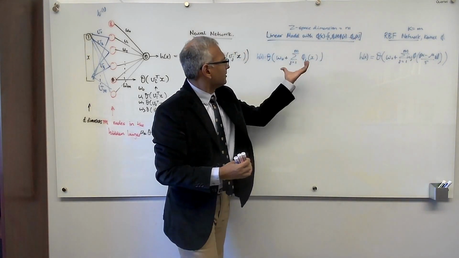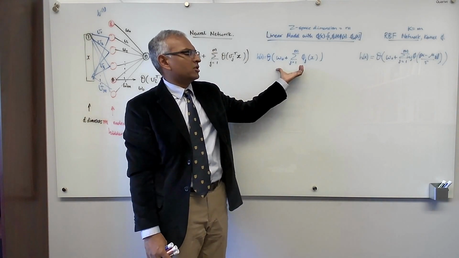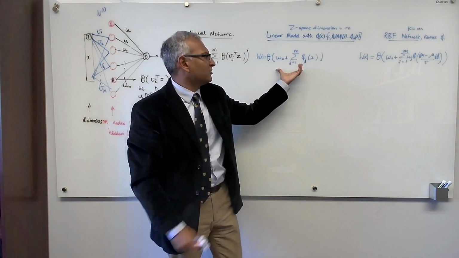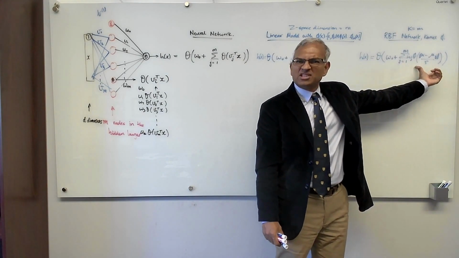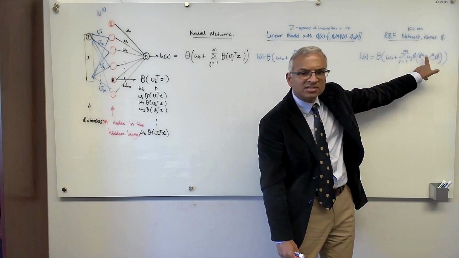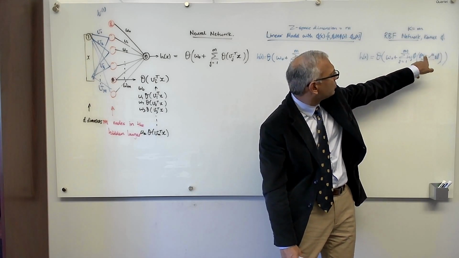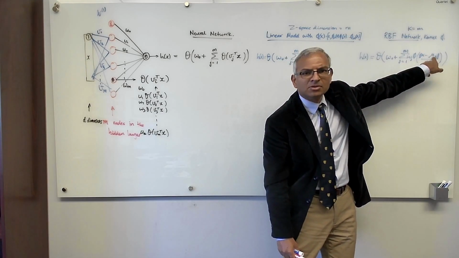So it's very similar to the linear model with the nonlinear feature transform. What was the difference with the RBF network? The features were specific features. They were similarity features, specifically the similarity between x and the center mu j.